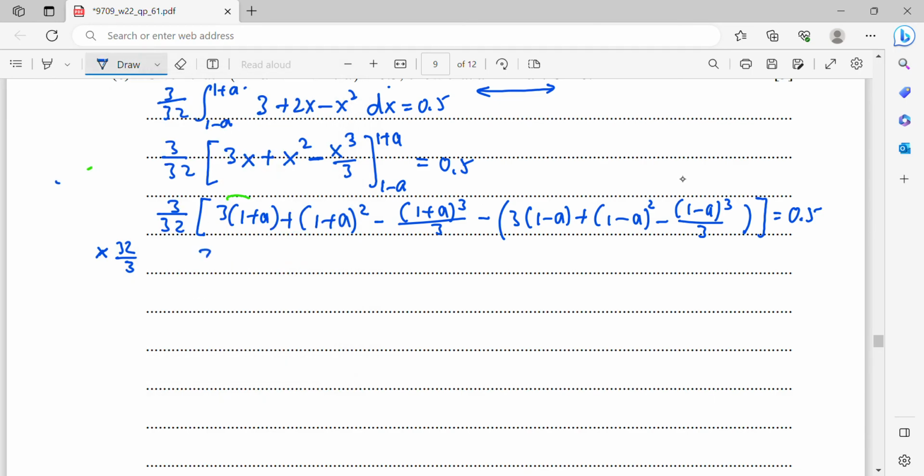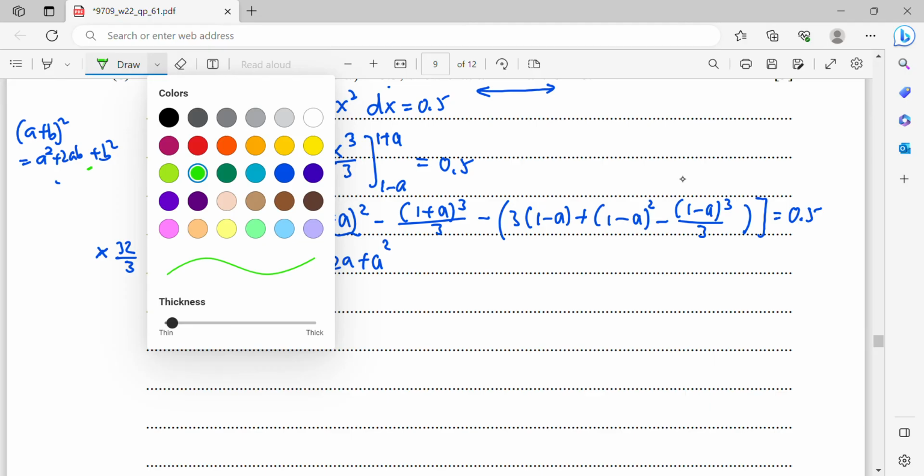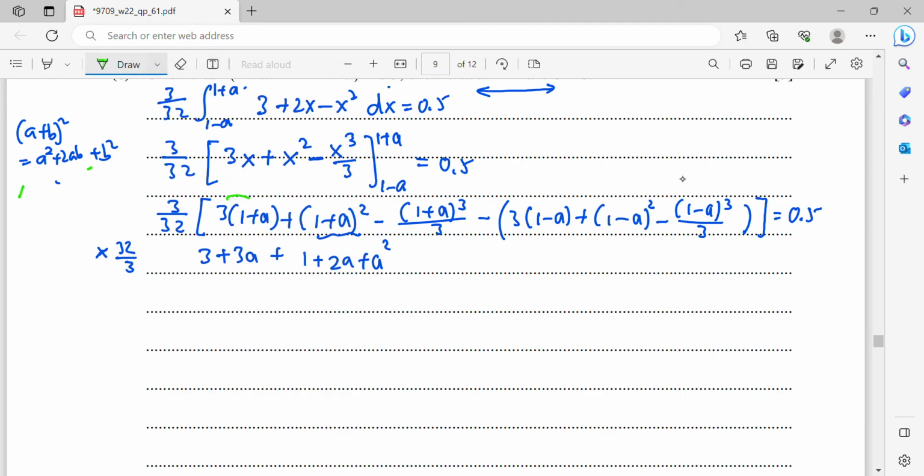So you will get 3 plus 3a. Then for the quadratic expansion, just use the formula. A plus b squared is a squared plus 2ab plus b squared. Alright, you will get 1 plus 2a plus a squared. Okay, then for the third one, you can just use the Pascal triangle, or you can use the binomial expansion.